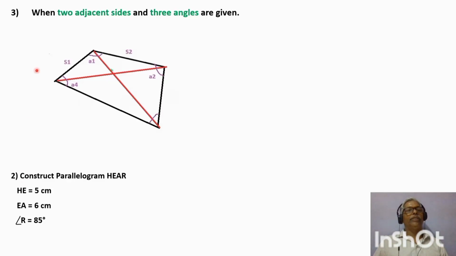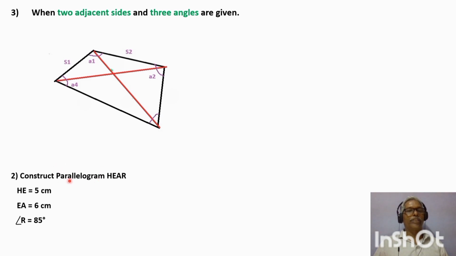Now the second one, under this where two adjacent sides and three angles are given. Look at this figure, we have seen this before. Two adjacent sides. So second one: construct parallelogram HEAR where HE is equal to 5 centimeters, EA equal to 6 centimeters, and angle R is 85 degrees. Now by rule we will be given 5 parameters, but here you can see only 3, but he has specified you have to draw a parallelogram.